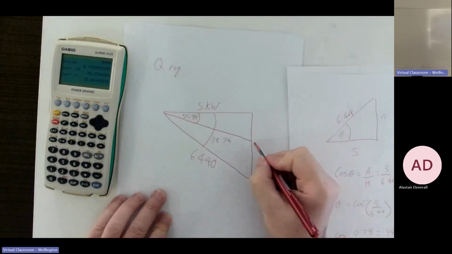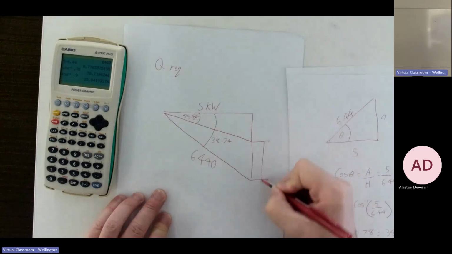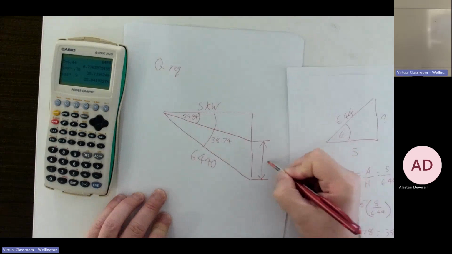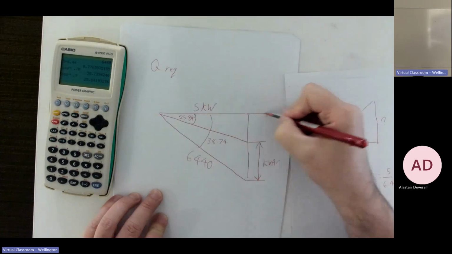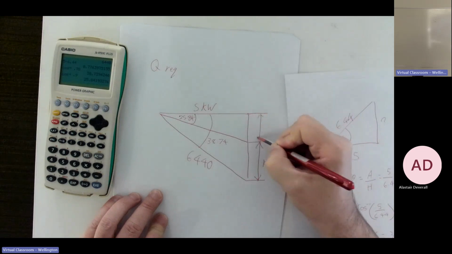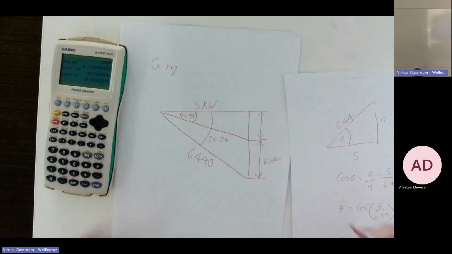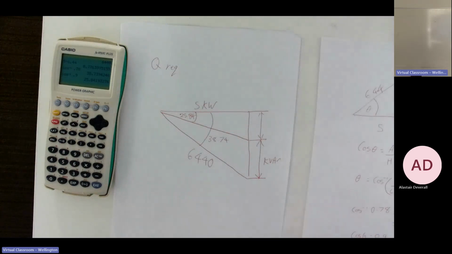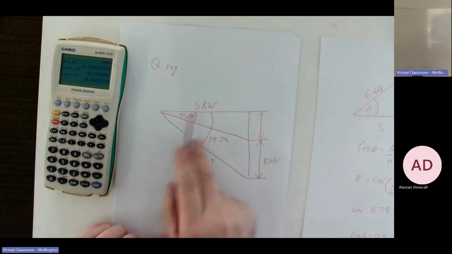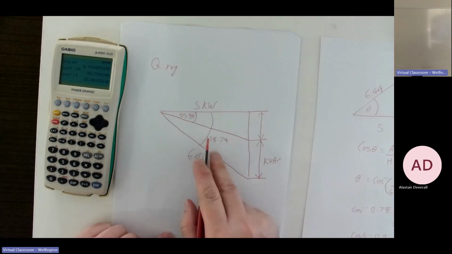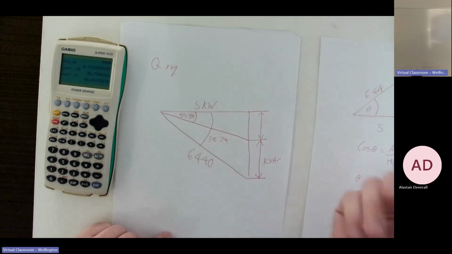And they want to know this value here in kVAR. We don't know it yet, but we can calculate it. Now, there's a few ways to do this. One of them is using the actual power factor value to get this value and use Pythagoras.